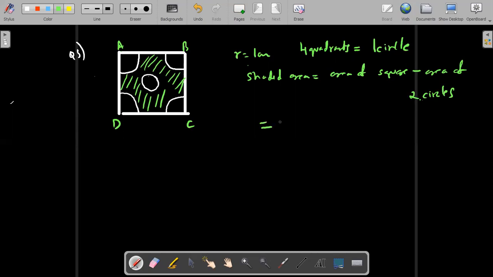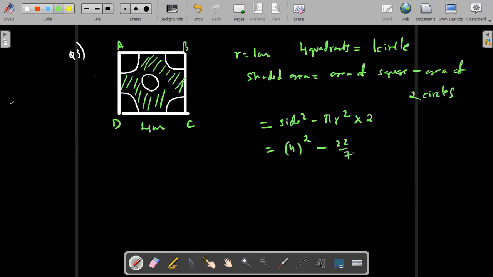So the shaded area will be side square minus pi r square. Now the side of the square is given as 4 centimeter, so we can substitute that value here, 4 square minus pi r square into 2, because there are 2 circles, right?